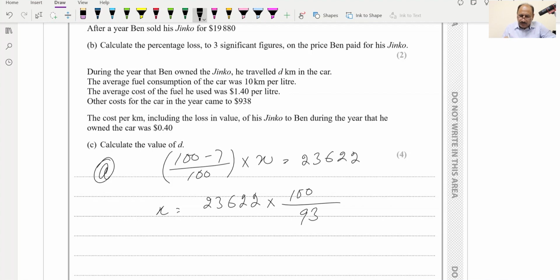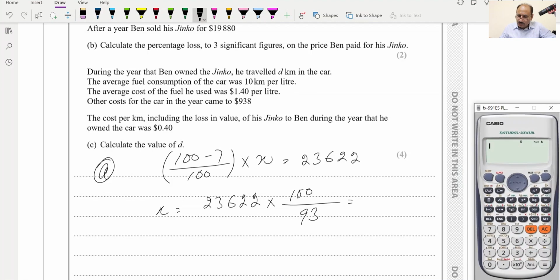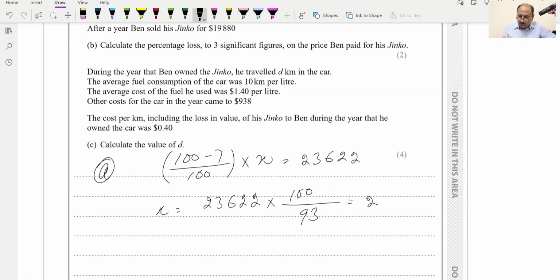So I will write 93, and this simplification will result in 23,622 multiplied by 100 and divided by 93, which is equal to 25,400. So this will be in dollars, 25,400. This will be the final amount which the person has paid.